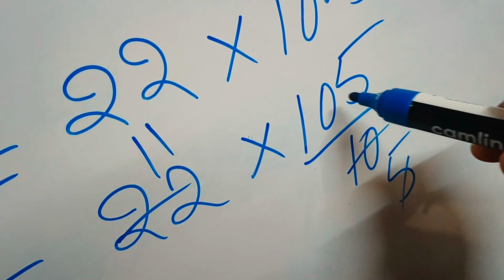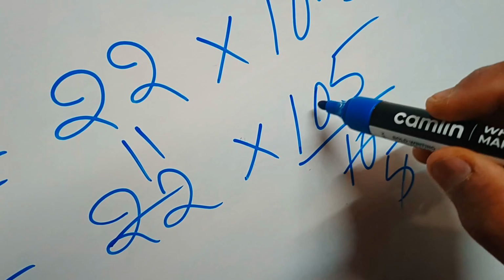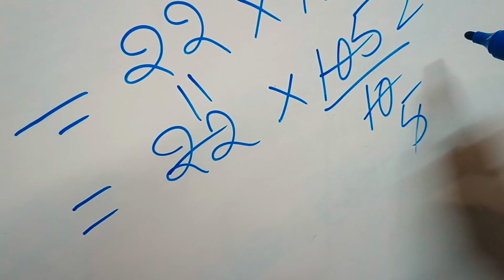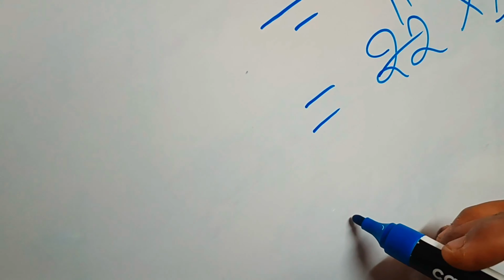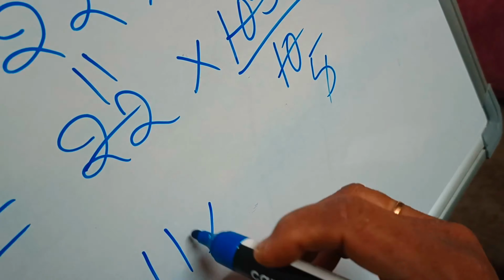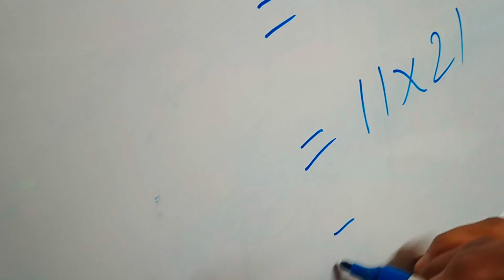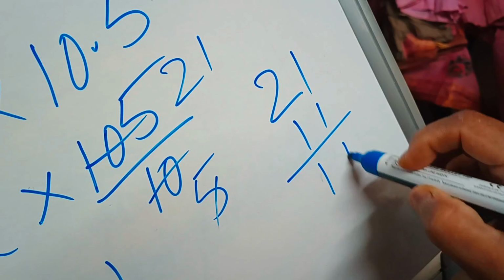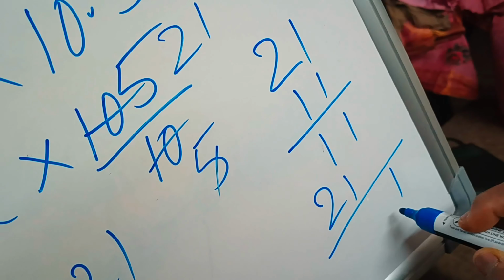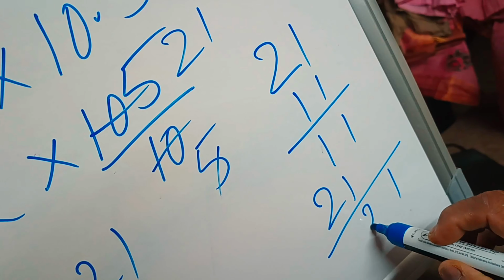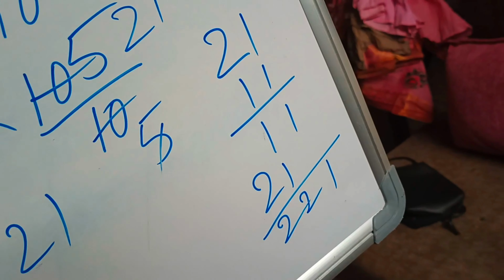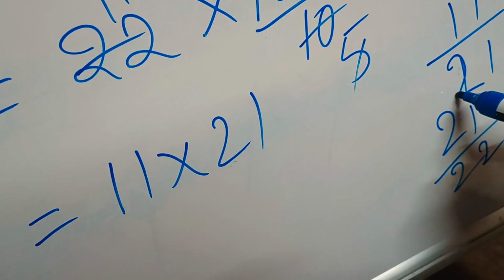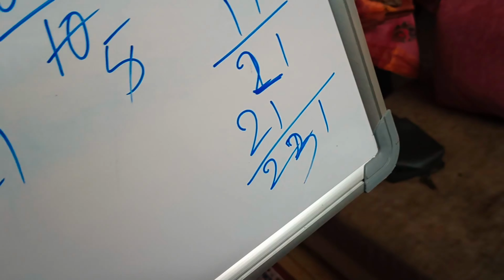So 5 cancelled, 105, 21 times. No denominators, remaining 11 into 21 is equal to, you multiply 11 into 21, 231.